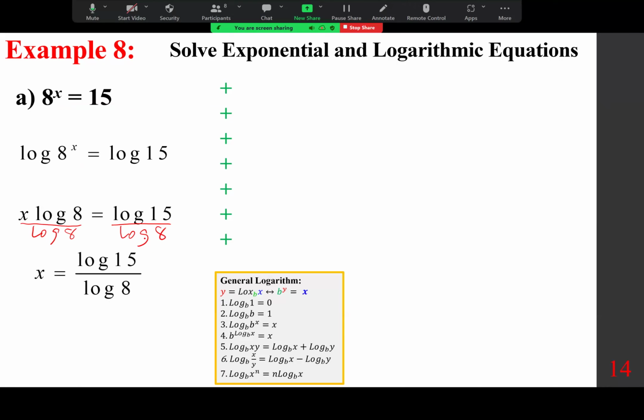By the way, if we had taken natural log here, take a look. Let me use a different color actually. If I took ln of the left and ln of the 15 over here, I would have ended up with ln of 15 over ln of 8.